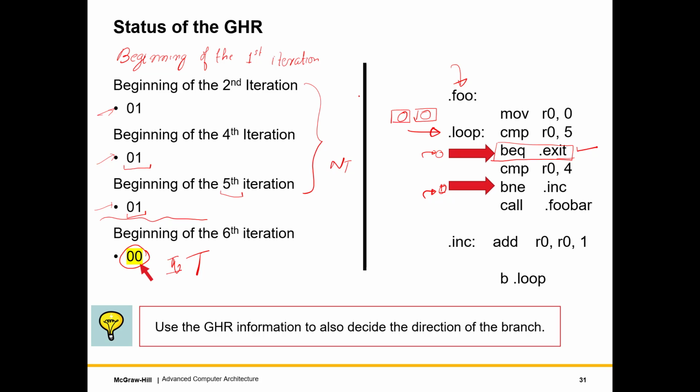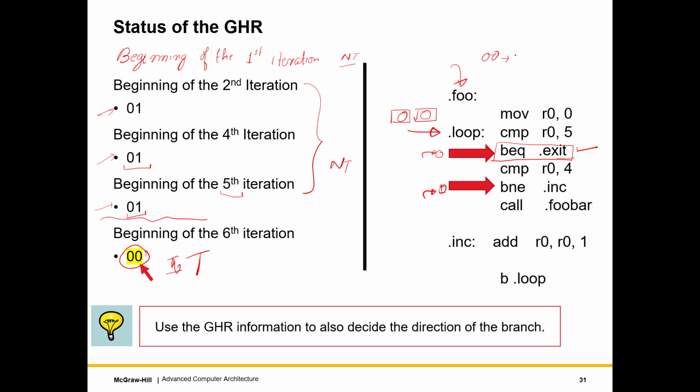So if it is any other value, 0, 1, 1, 0 and 1, 1, in these cases, of course, the context is different. So if it is 0, 1, we'll predict not taken. If it is 1, 0 and 1, 1, then the saturating counter will automatically train itself to predict not taken. The only difficult scenario can arise if, let's say, when we enter the function foo, the existing context is 0, 0, then automatically we have already trained ourselves to predict taken over here.